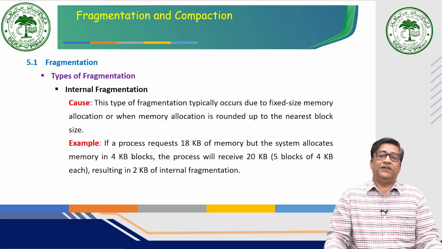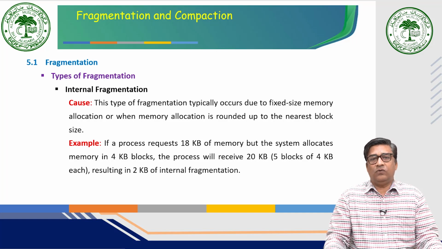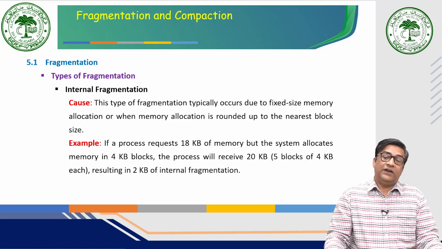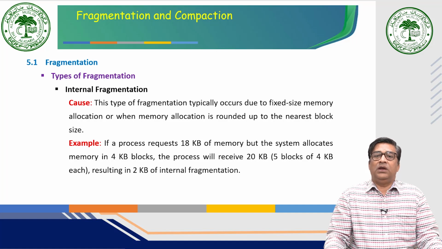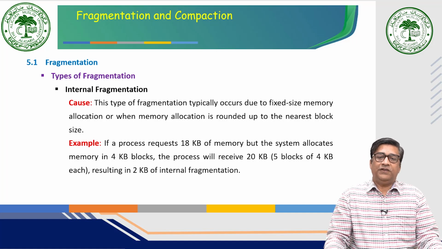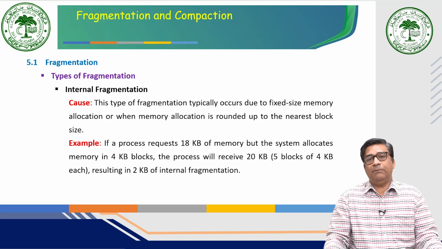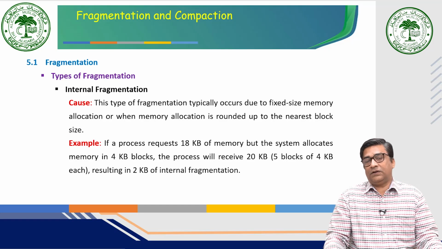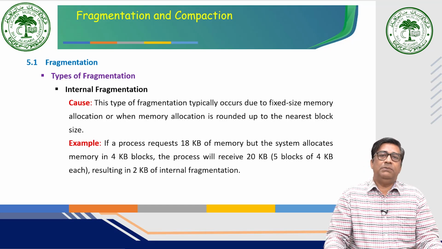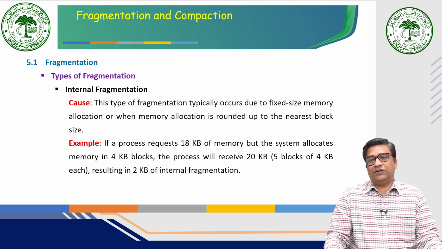For instance, if a system allocates 4 KB blocks of memory and a process requests less than 4 KB, the remaining space will be unused by that process. We will go through it with some examples. In the same way, rounding up: there are cases where memory allocation may be rounded up to the nearest block size to simplify memory management, and this also leads to internal fragmentation.